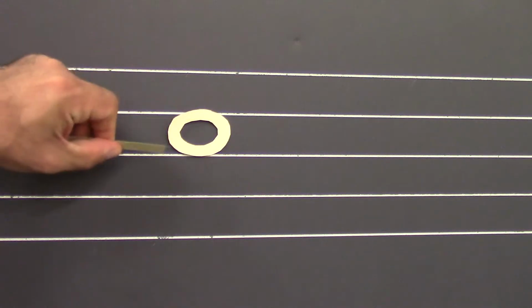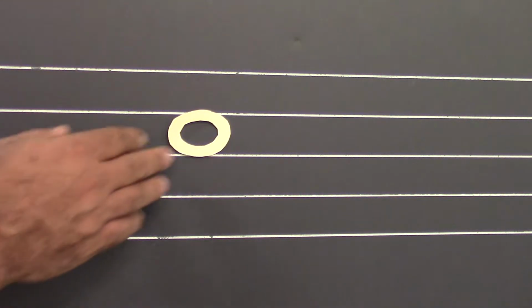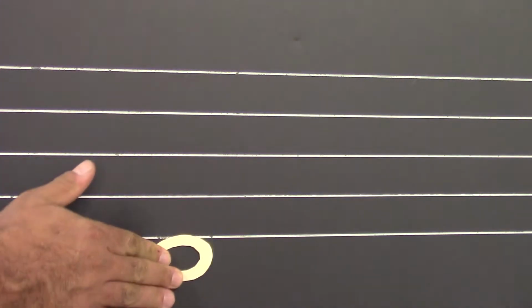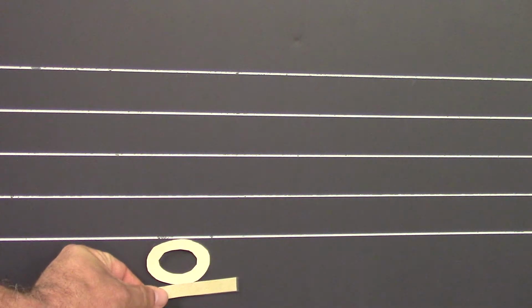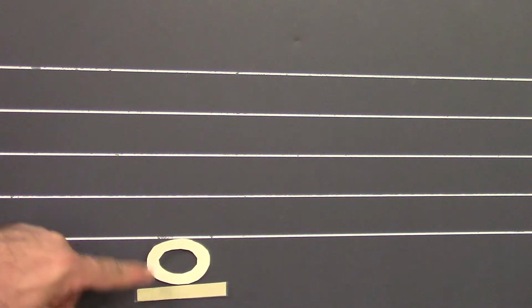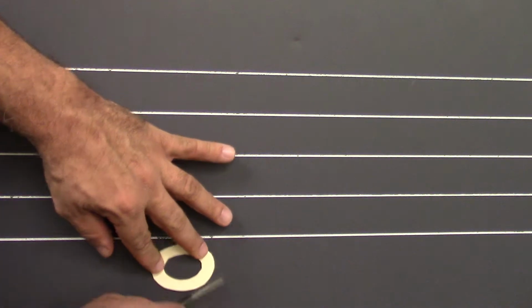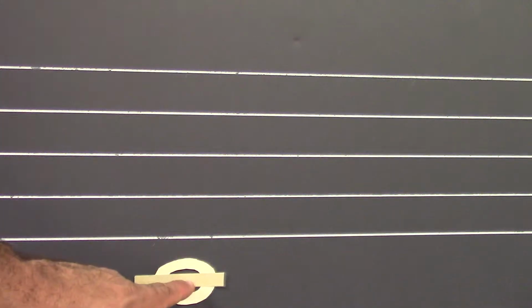Because this note is in between 2 lines, this is on a space. Line or space? This note's on a space. And hypothetically, if you had a ledger line below that note, look, it's between 2 lines. This note is on a space. What if it was down here? That note's on the line because the line goes through the head of the note.